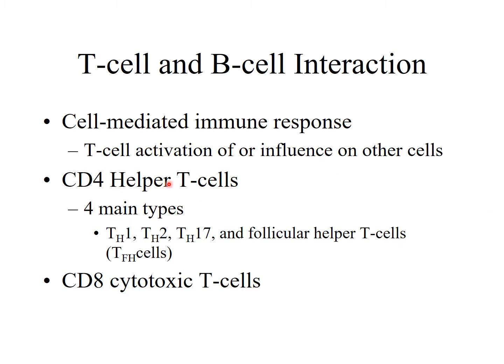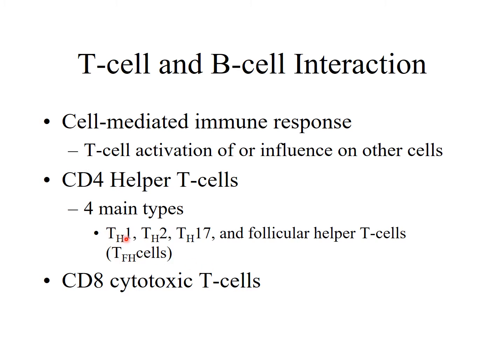There are 4 main types of these helper T cells, the ones that are going to activate. These are going to be the helpers. They help other cells become activated. Notice here, TH1, TH2, TH17, TFH cells.